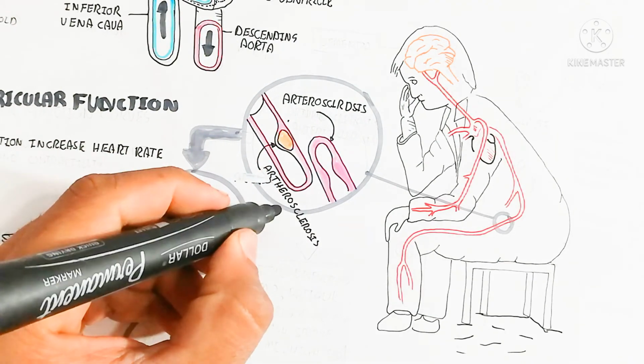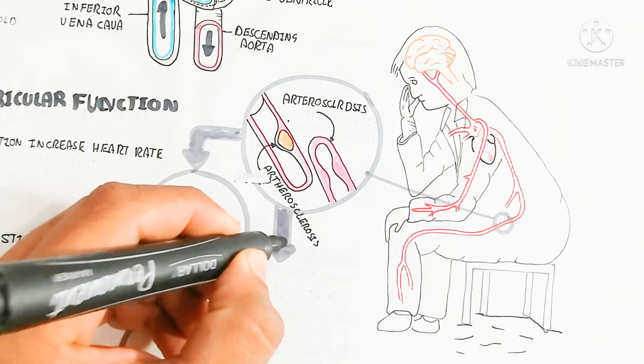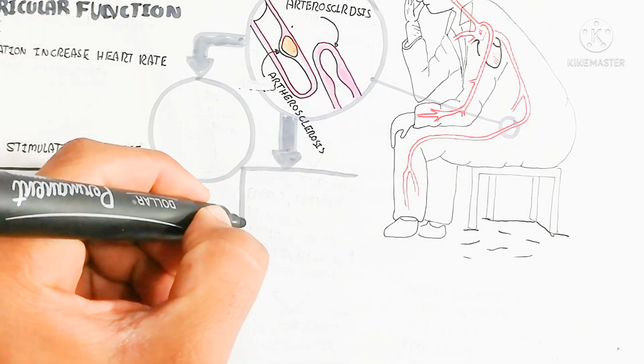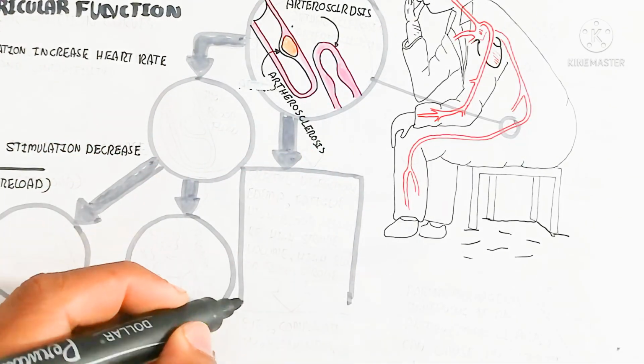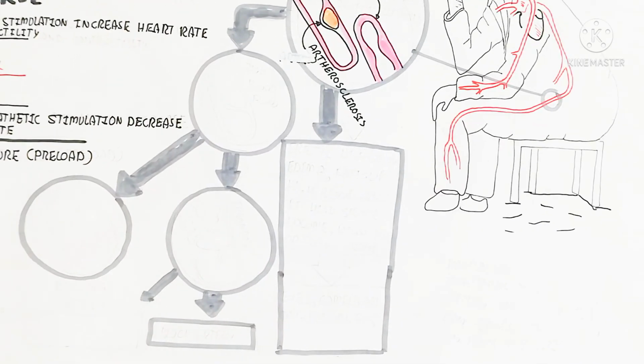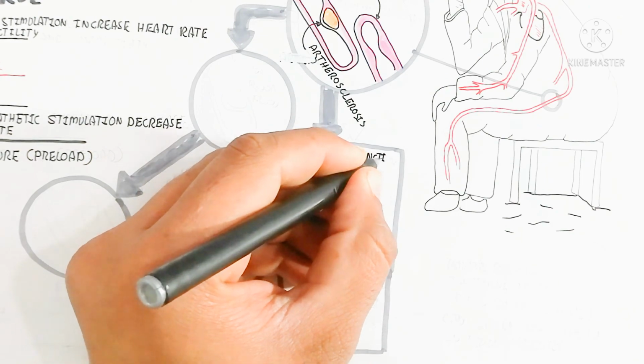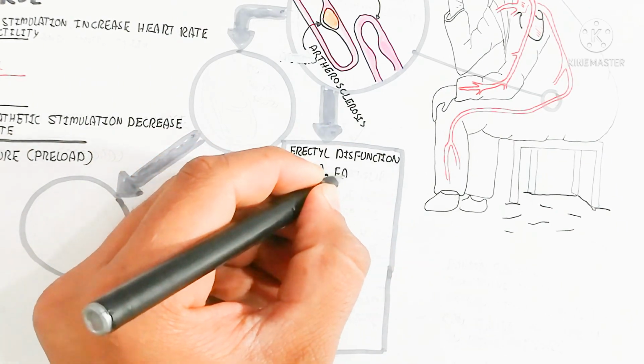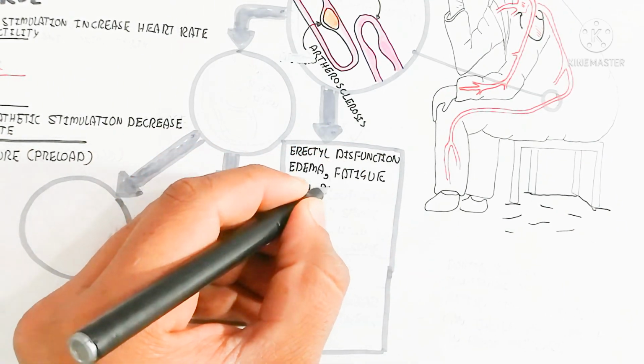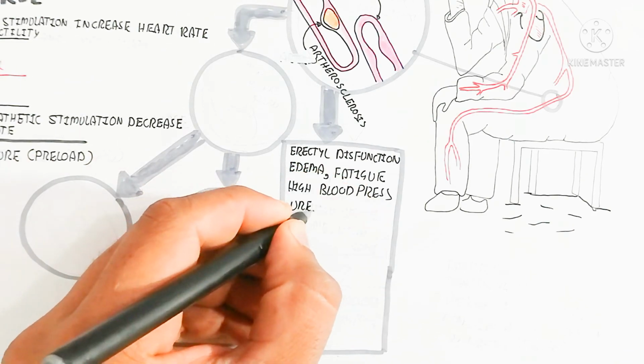Atherosclerosis will lead to an increase in blood pressure due to the narrowing artery. Thickness of the artery is known as arteriosclerosis, while atherosclerosis means the plaque develops.